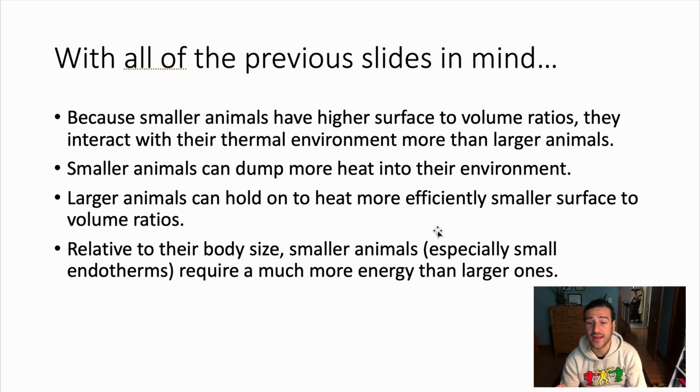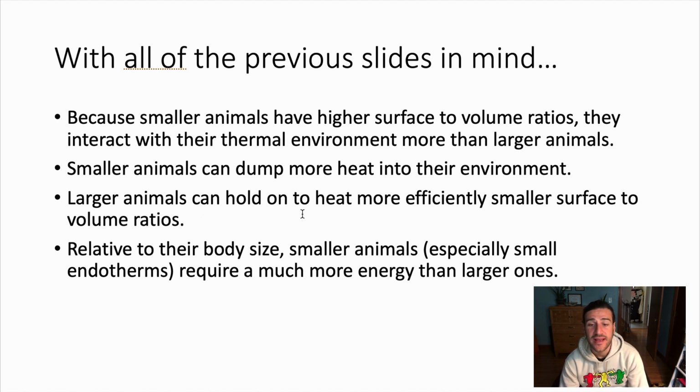So they interact with their thermal environment more than larger animals do. Because they have a larger surface to volume ratio, they can dump more heat into their environment. So we do see this trend. We do see a lot of smaller animals living in these really hot and arid places.